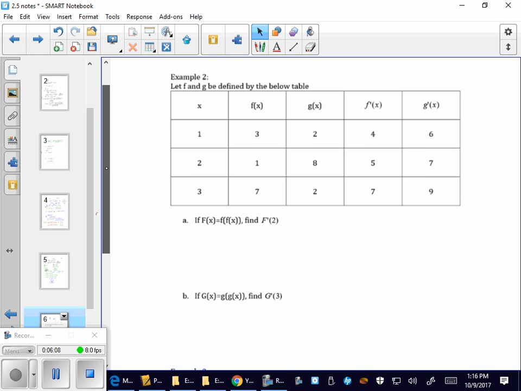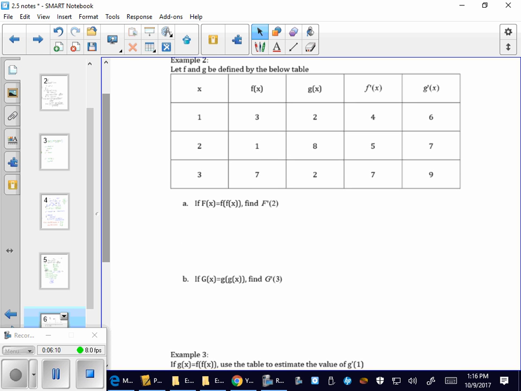Okay, might have a chart. Very common. This was kind of weird. So capital F of x is the composite of little f of x with itself, and we want to find capital F prime of 2. So again, in order to find capital F prime of 2, the first thing I need is capital F prime of x.